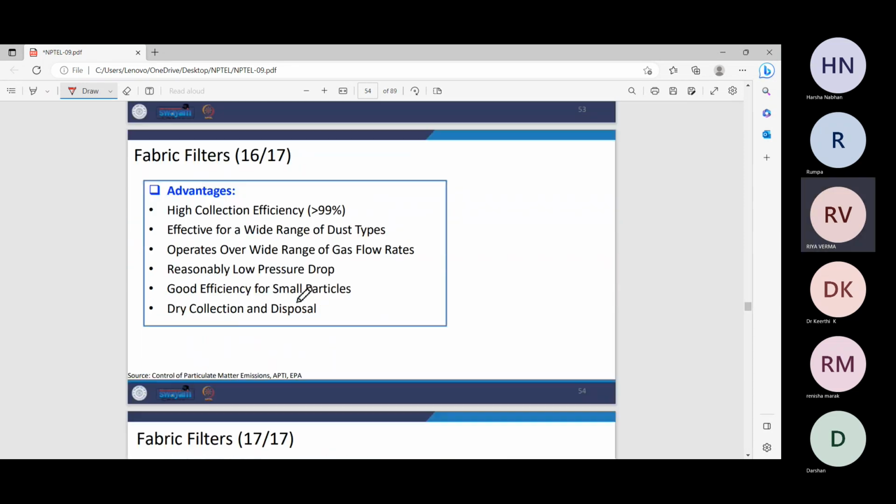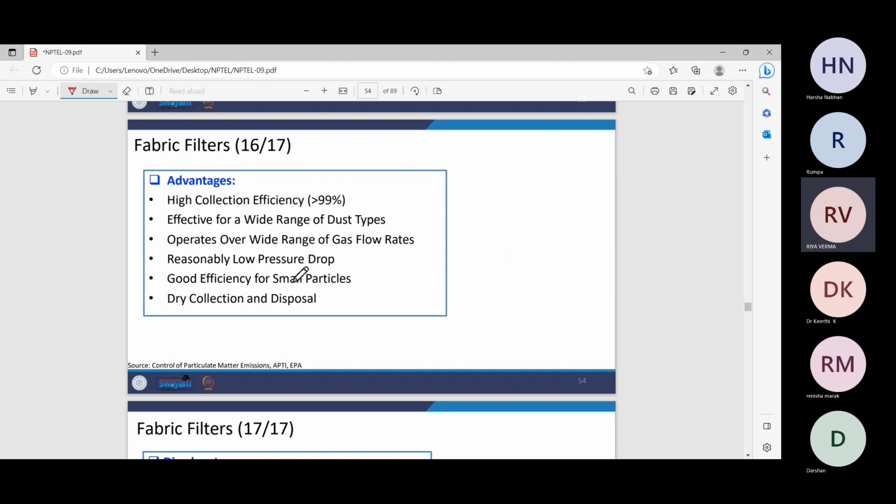What are the advantages? The advantages are that it has a very high collection efficiency, then it operates over a wide range of gas flow rates, and the pressure drop is reasonably low, and if it gets higher, then we can obviously remove that cake to get it lower down.